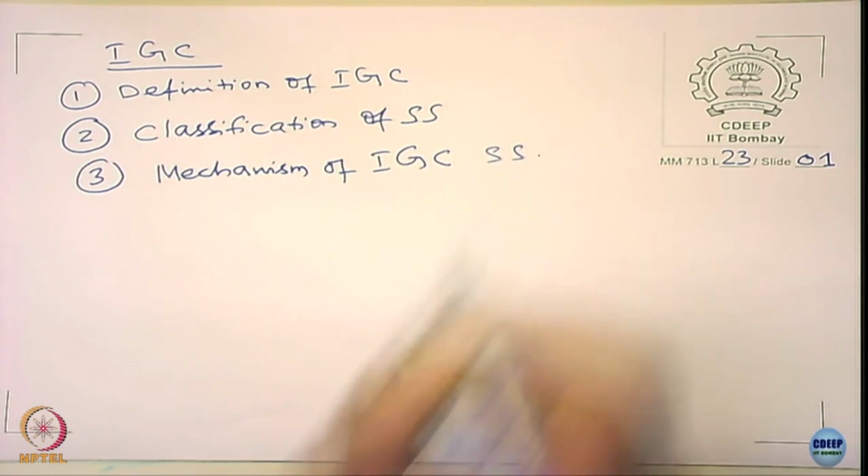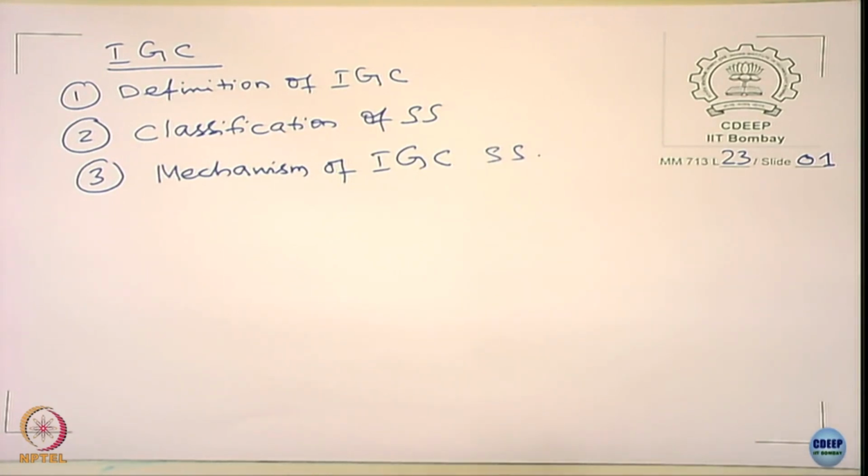Please notice that the intergranular corrosion mechanism may not be the same for all metals and alloys. So, we focused on what kind of mechanism is operating in the intergranular corrosion of stainless steels, and very specifically towards the austenitic grade stainless steel, okay.